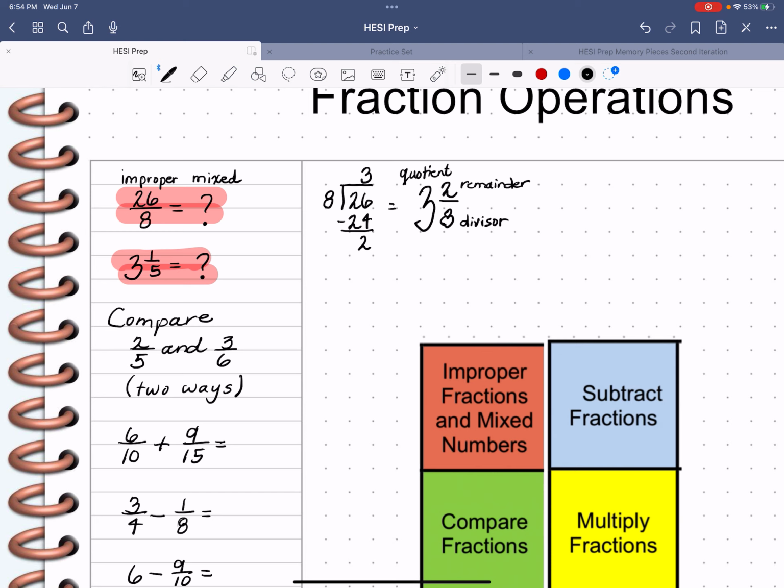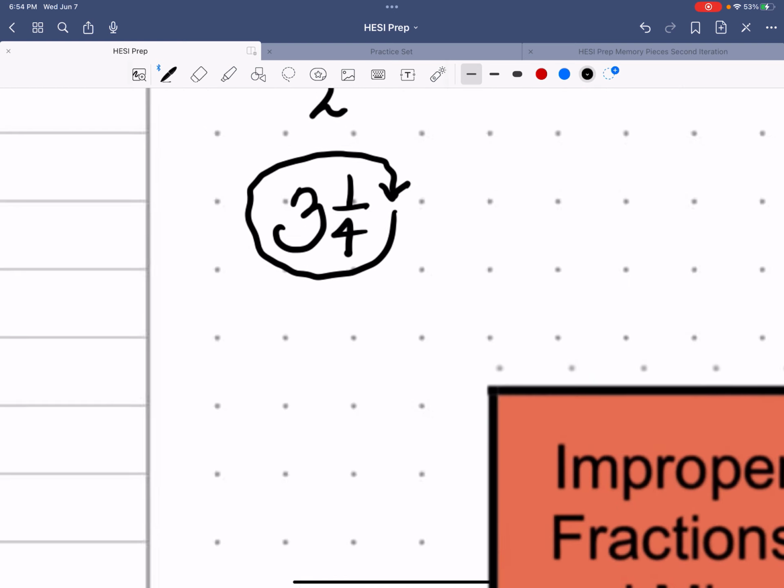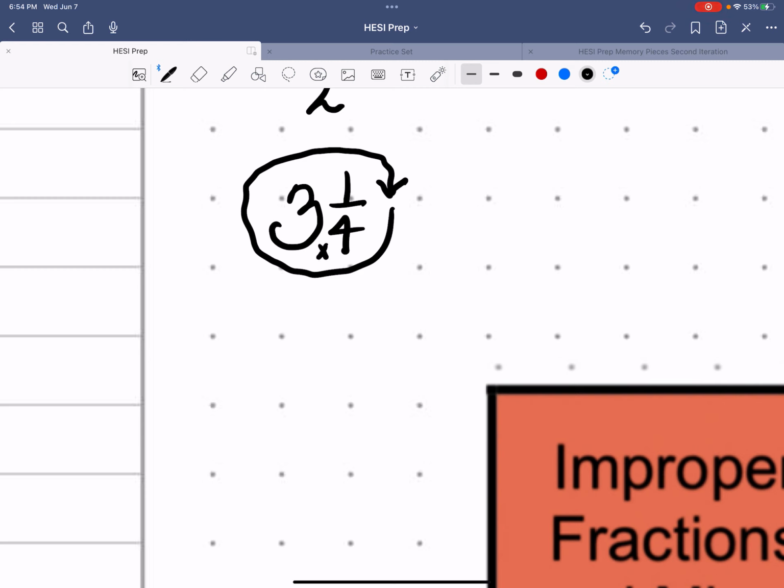Then to do the 3 1/5, we're going to go the other way. And it says to multiply and then add. I would anchor this one with this little backwards arrow. And we're going to have multiplying in here and adding up here. So this is 4 times 3 plus 1. That's 12 plus 1 is 13.